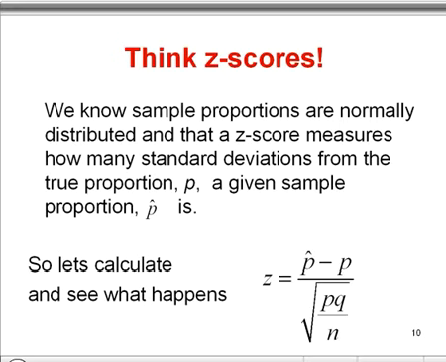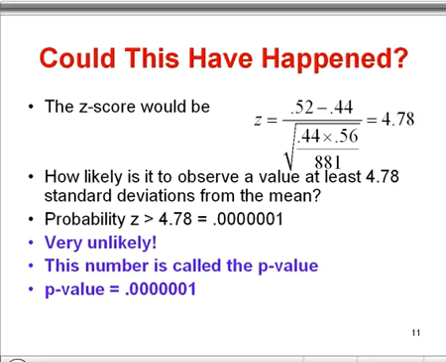The familiar formula for how to create a z-score for a proportion is on the slide. So substituting 0.52 for p hat and 0.44 for p, we arrive at a z-score of 4.78. Now that is almost 5 standard deviations above the mean.